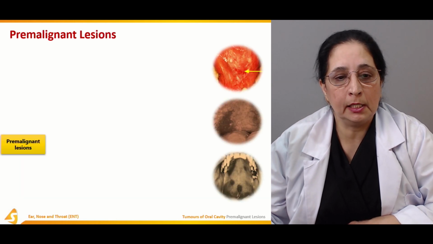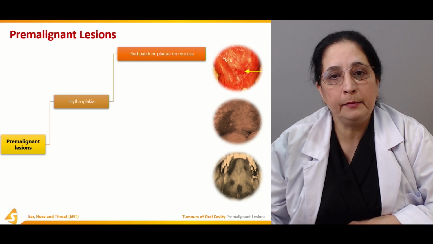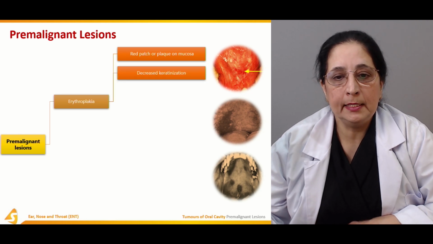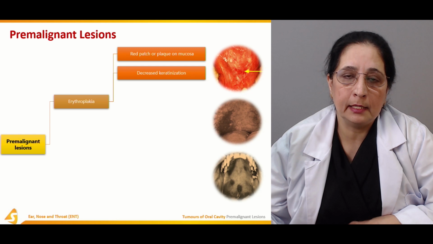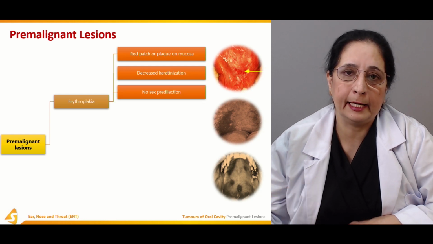Other premalignant lesions we have: erythroplakia, which is a red patch or plaque on mucosa. There is decreased keratinization in the erythroplakia, with no sex predilection.